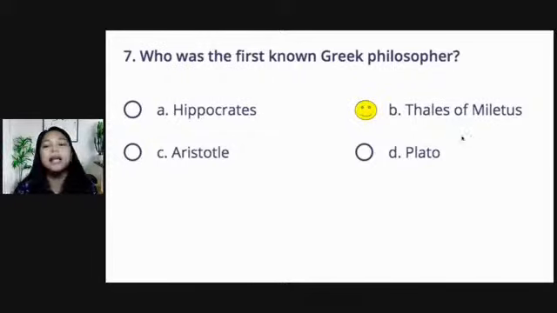Okay, so Thales of Miletus is considered to be the first Greek philosopher, no? So the first known Greek philosopher is Thales of Miletus, not Hippocrates, not Aristotle, and not Plato. Let's take a look at their other contributions. So again, Thales of Miletus was the first known Greek philosopher.